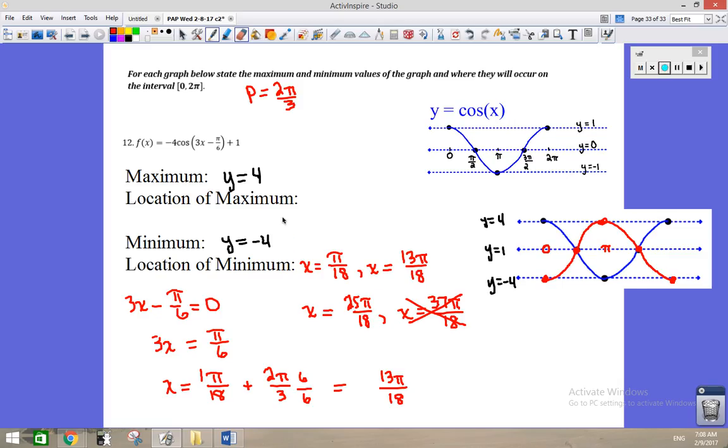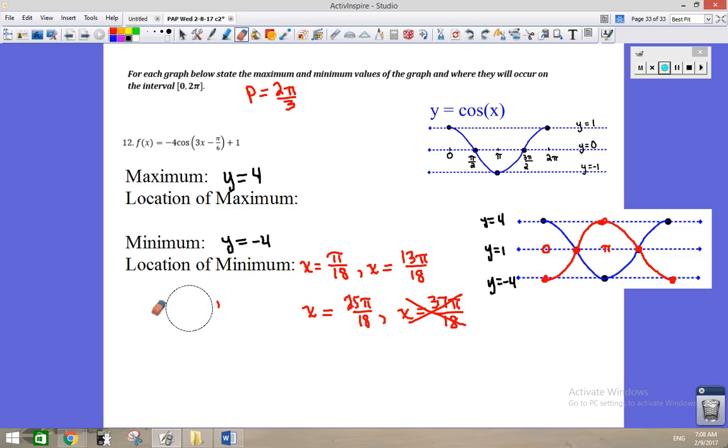So now let's come in and find where it's a maximum. So I'm going to erase this and just kind of change color. I want to keep that because, well, I guess you already have it written down that this is your answer for the minimums. Alright, so what about the maximum? Well, normally a minimum is occurring here at pi, but because of this reflection, at pi I've got a maximum.